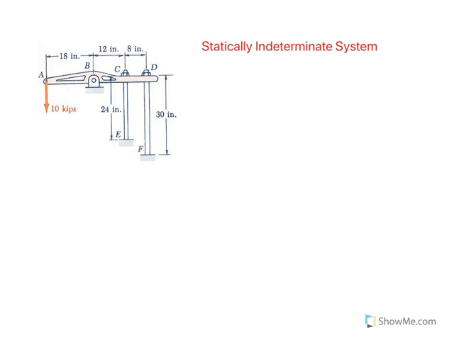Our objective here for this problem is to find the tension or forces that are developed in bar CE and bar DF. Now we know obviously they have different length, but also they have different diameters, so they're going to have different cross-sectional areas.